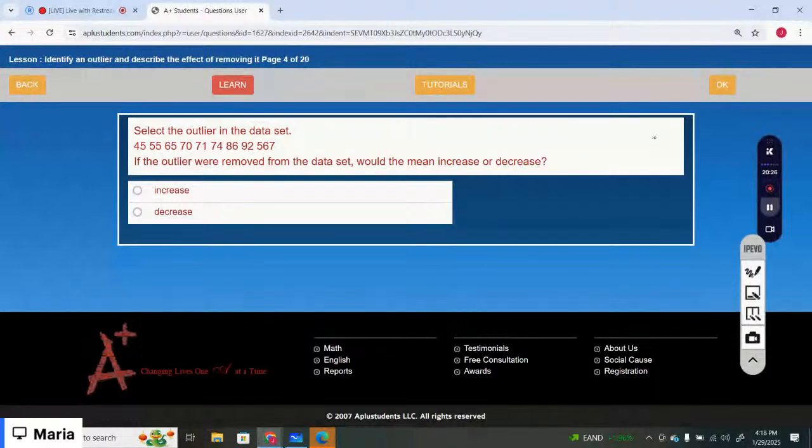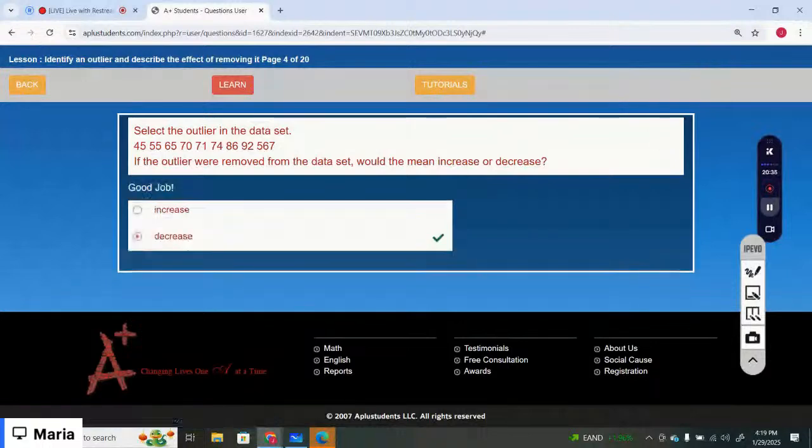That is also decreased because the outlier is 567. That is the greatest number. If you remove the greatest number, then the mean is decreased. The correct option is decrease.